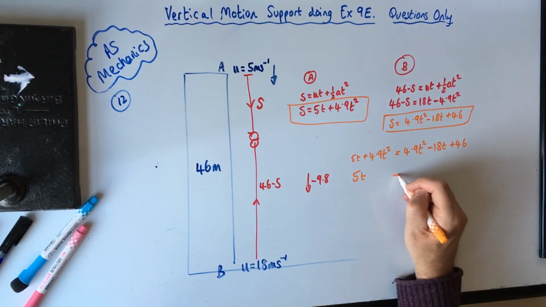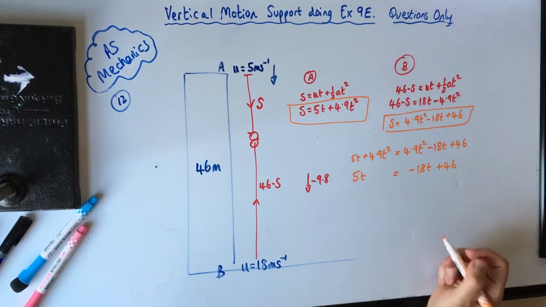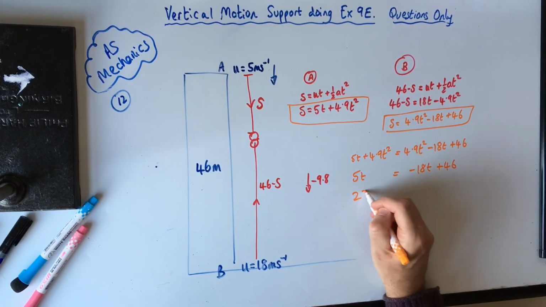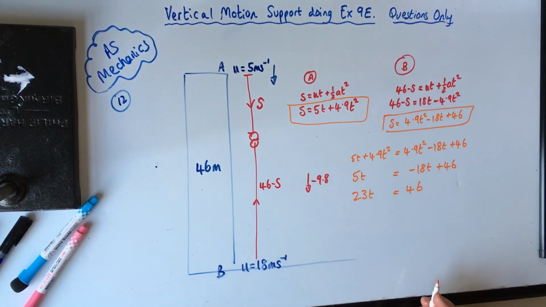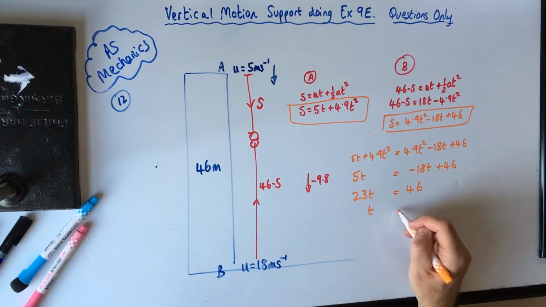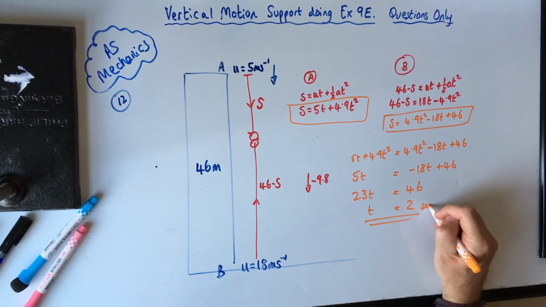I'm left with 5t equal to minus 18t plus 46. When I add 18t to both sides, I get 23t equal to 46. If I got that in an exam, I'd know I'm right. Divide both sides by 23 and you get t is 2 seconds.